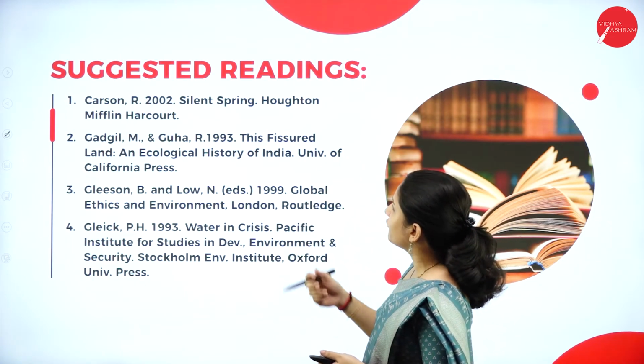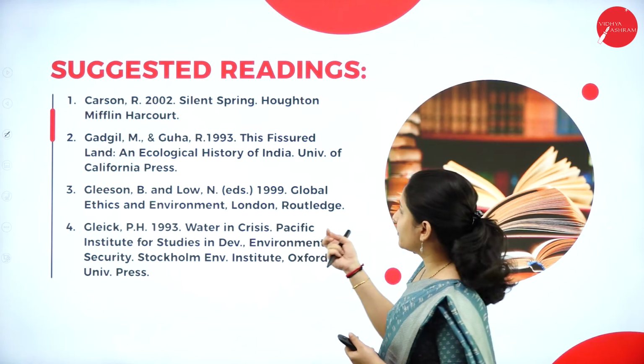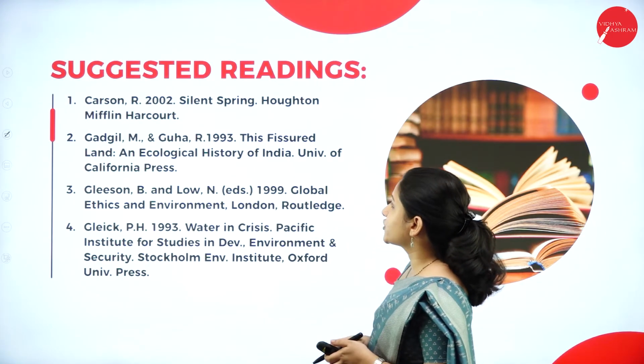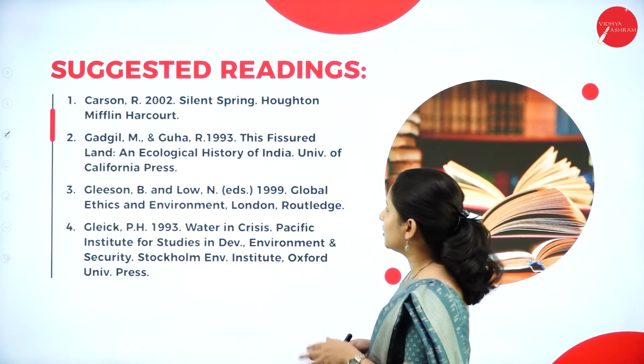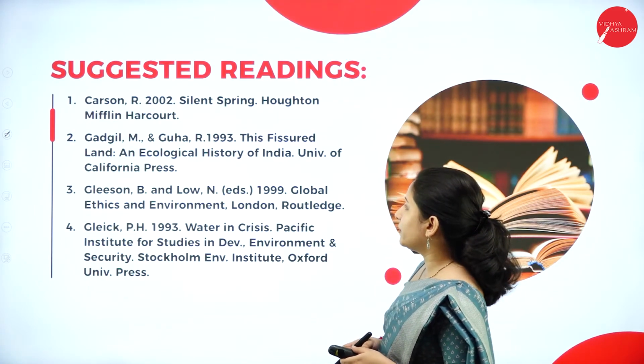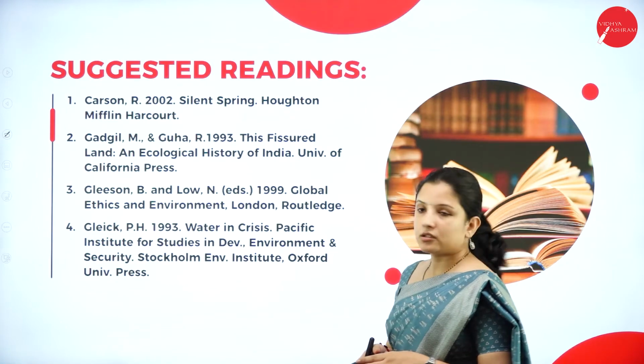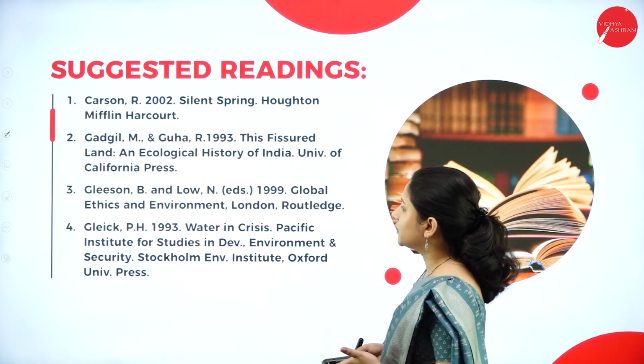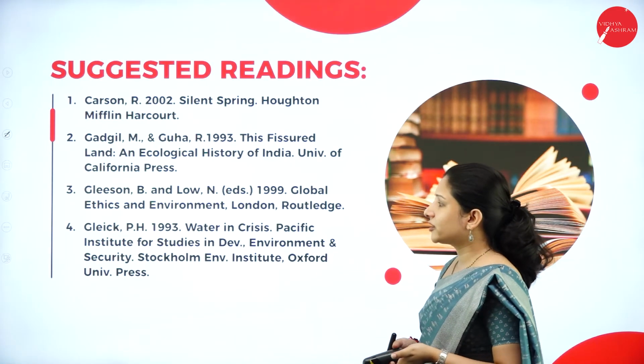Likewise, there are a lot of books depending on the different topics. Like if you need to study the ecological history of India, you have a particular book here, and you have books for global ethics and environment that was published by the London publications. Then you have to study about the water crisis.